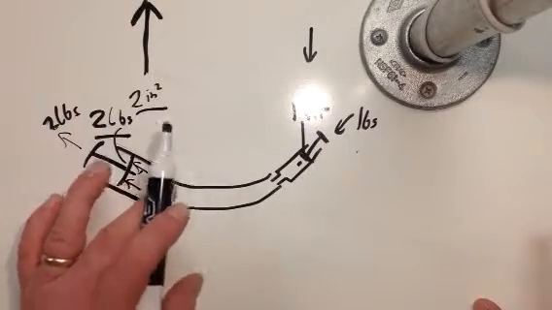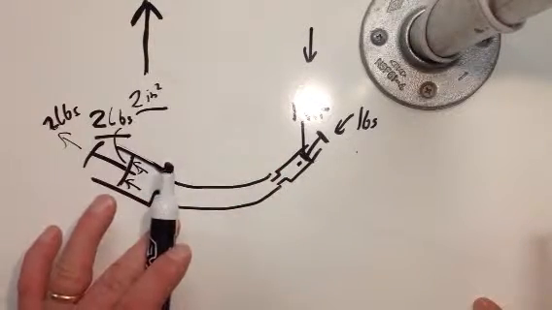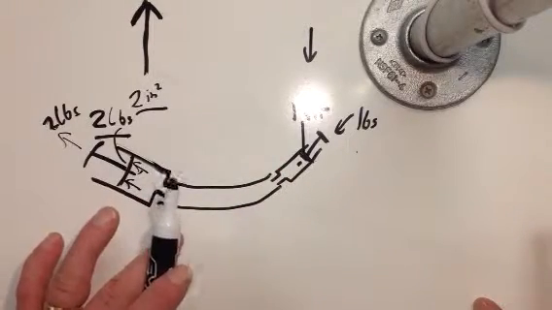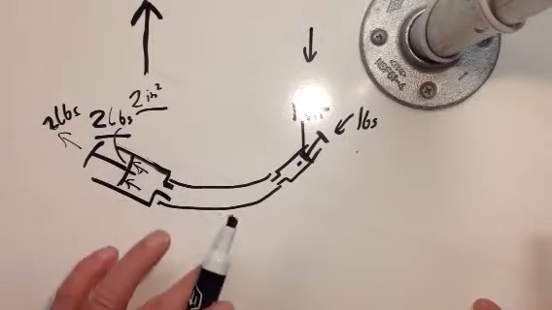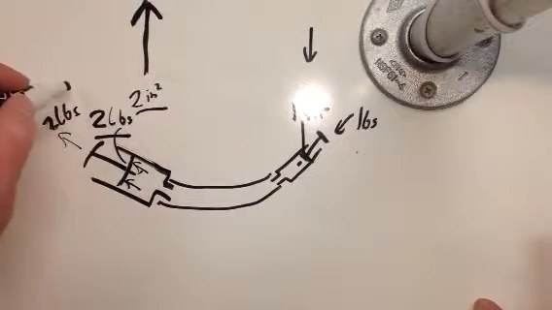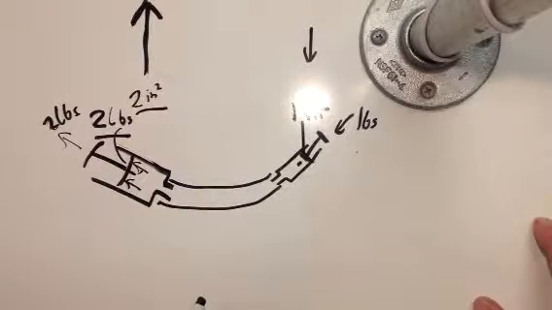Now, we can take this a step further, and we can use this right here to make 2 different formulas as well. Okay? One formula is for force, figuring out the force that one of these pistons is going to push with.